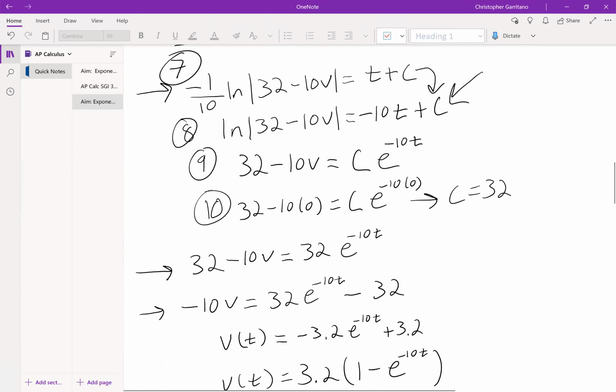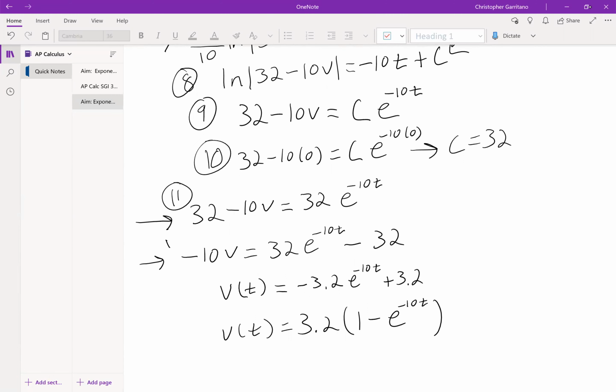All right, now ultimately I'm solving for v. So in step 11, I rewrite step 10, but instead of c, I write what I discovered about c, and that is that it's equal to 32. And from here, there's just some algebra going on in step 12 to solve for v.